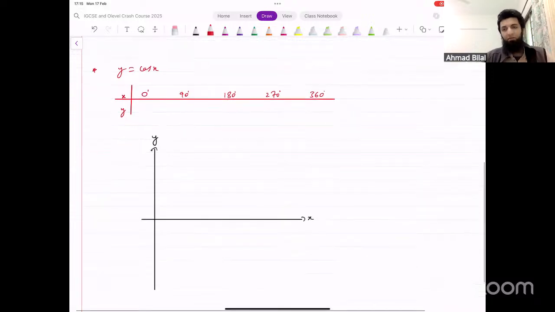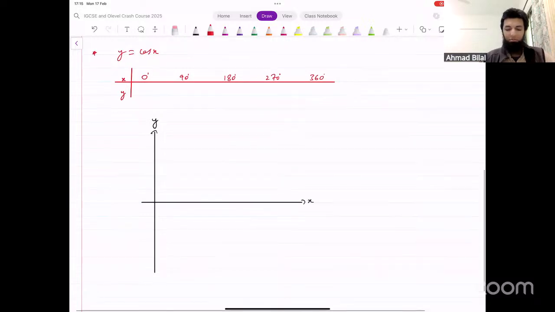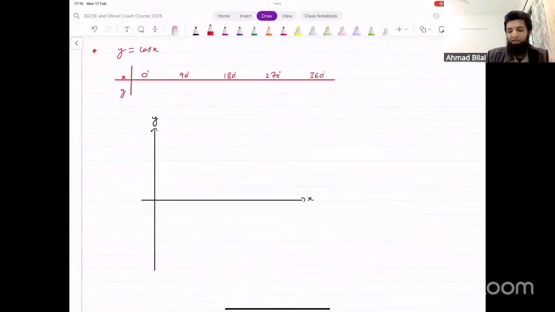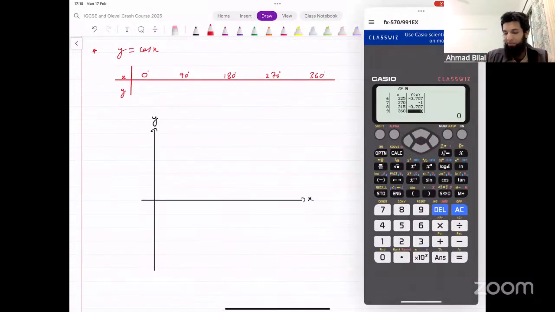Now, again, the first few times you do it, you can do it on a calculator, but then you need to remember these values as well. So now this time the function is cos x. Let's draw that function, cos of x. Start at 0, end at 360, and step is supposed to be 90 in this case. We're saying let's plot less values and then just use those values to figure out what the graph looks like.